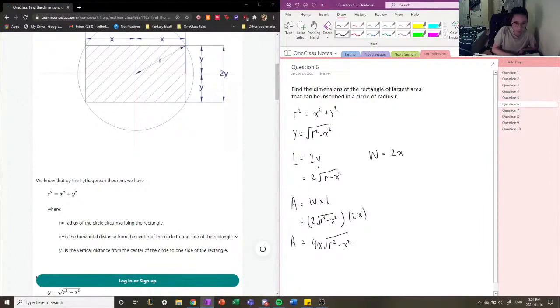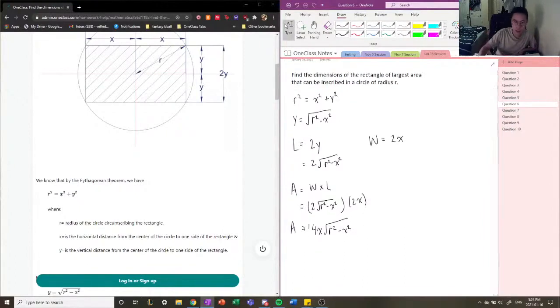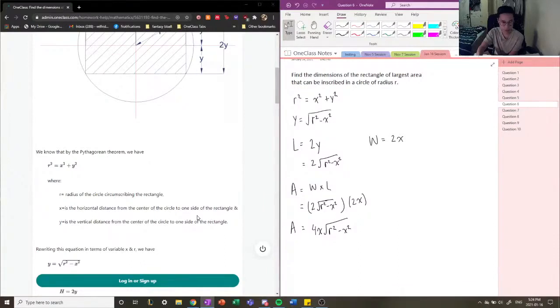So now we have found a function that defines the area of the rectangle in terms of the radius of the circle and also the x value. And this x value defines the length and the width of the rectangle.